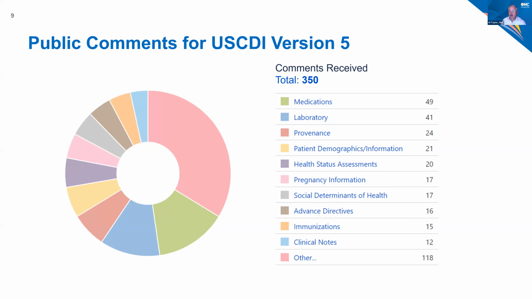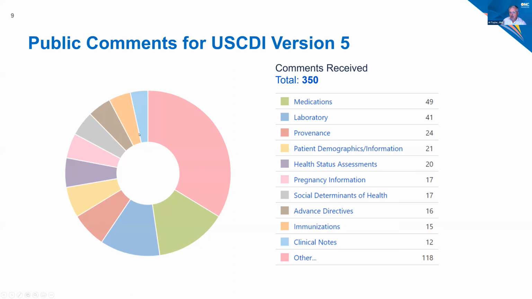I'm going to talk just briefly about the comment period. I talked about it in the last slide. We received about 350 comments on existing data elements in USCDI from every walk of health IT. Everyone who's interested in health IT submitted some comments. This is just one way to break down the comments, by the data classes that we received comments on.